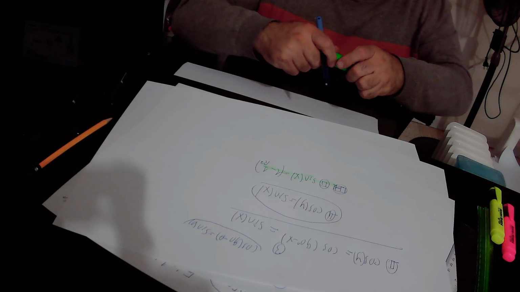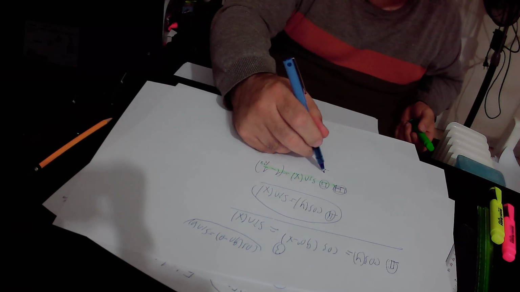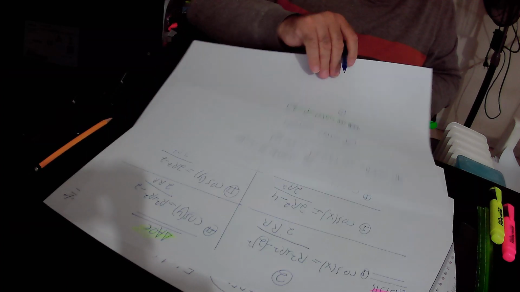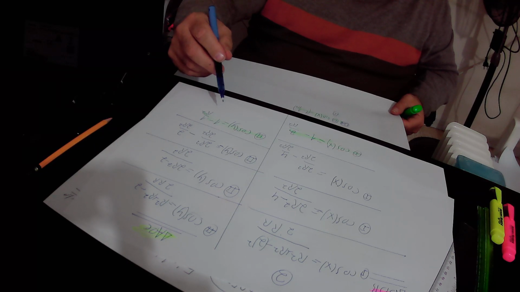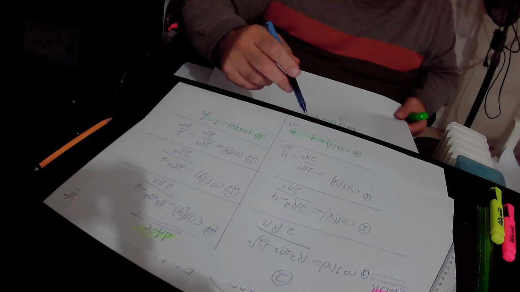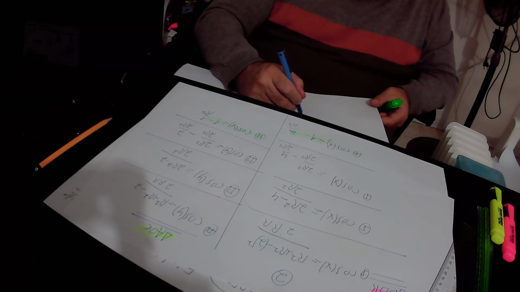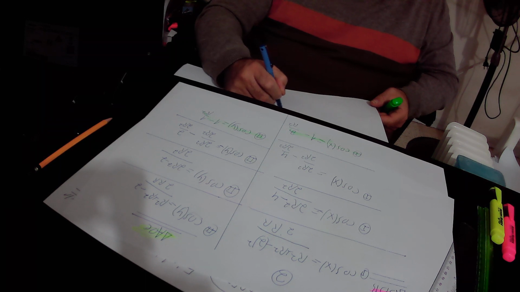And according to equation number 1, we have already found out that cosine x equals 1 minus 2 over r squared.